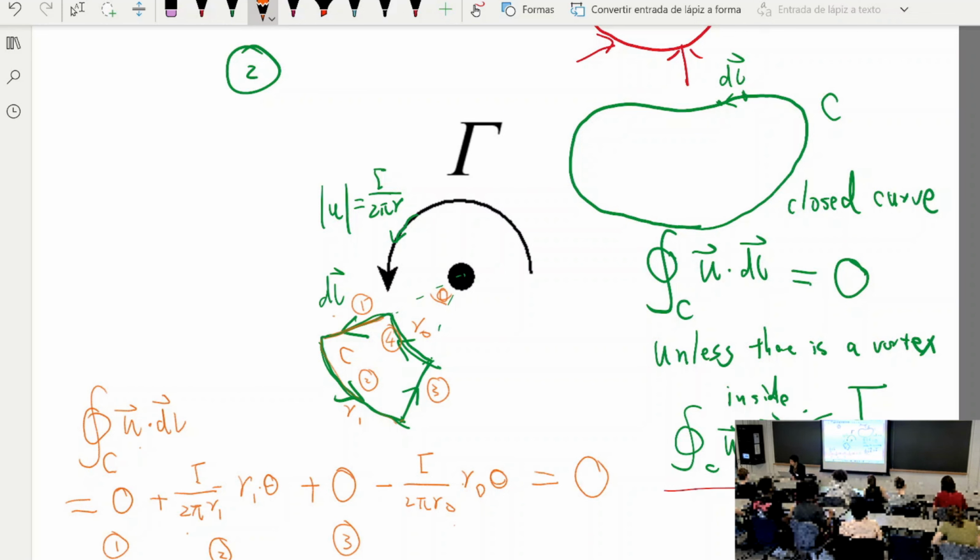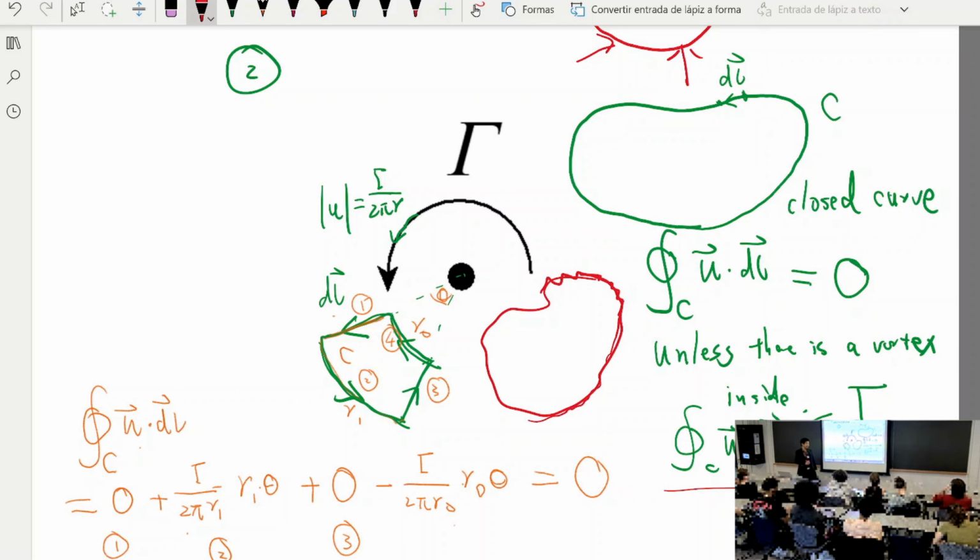But this says for all curves. So how about all curves? Now if you have any curve, you can always approximate the curve as if it is piecewise. Just think about this curve as in pixels, but each pixel is in the r theta direction, right?